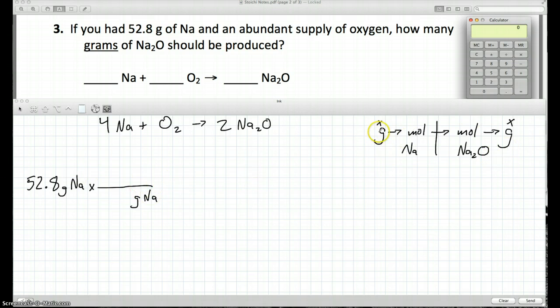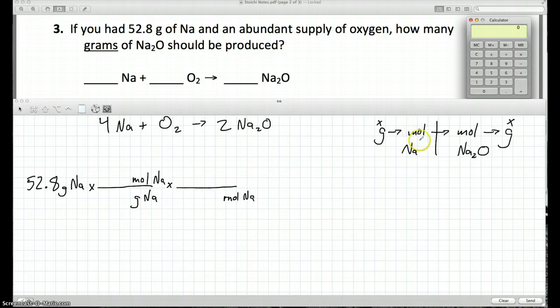First step is from grams of Na to moles of Na. So that's what my first conversion factor looks like. Grams of Na is on the bottom because its starting unit automatically goes on the bottom. The top unit is moles of Na, and I can see that with my first step here. I'm not where I need to be yet. Another conversion factor. Top unit always goes on the bottom of the next one.